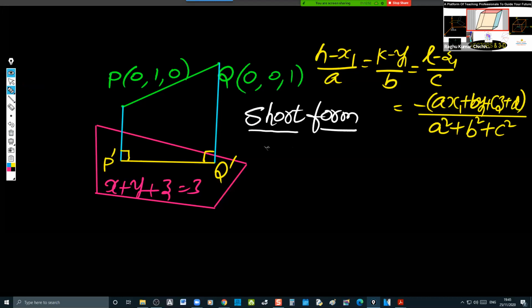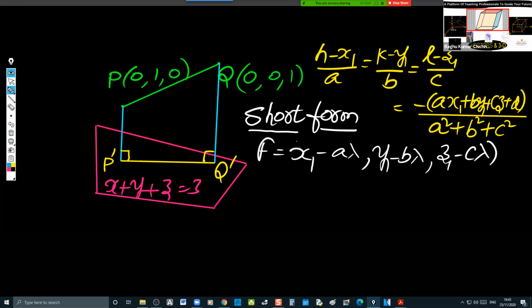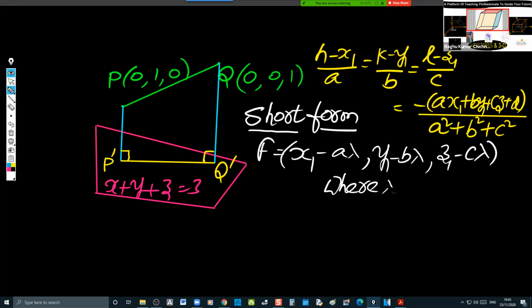Foot is equal to x1 minus a lambda, y1 minus b lambda, z1 minus c lambda, where lambda is equal to a x1 plus b y1 plus c z1 plus d by a square plus b square plus c square.